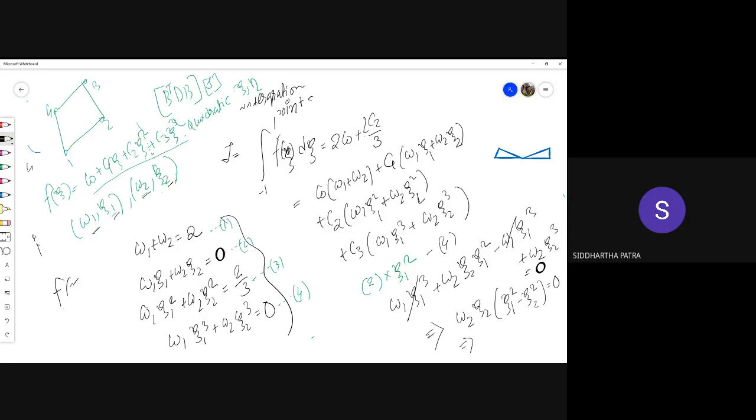Therefore, we get xi1 squared equal to xi2 squared.